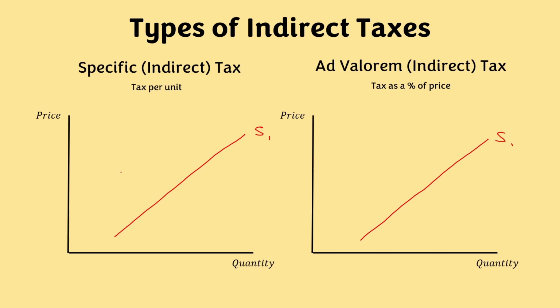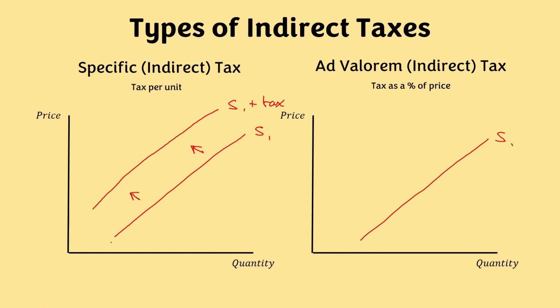Now, a specific tax would shift the supply curve this way. S1 plus tax. Now, as you can see, these two lines are parallel, which means that they will never touch each other, okay, if they keep going on indefinitely.